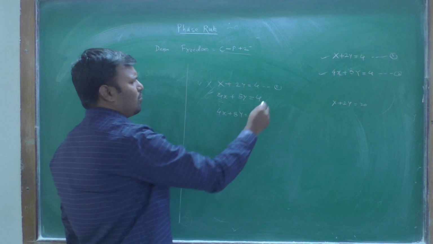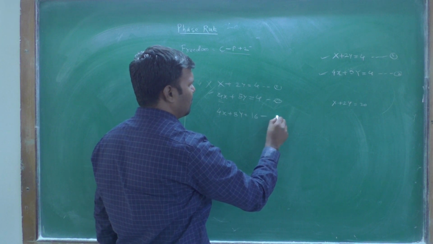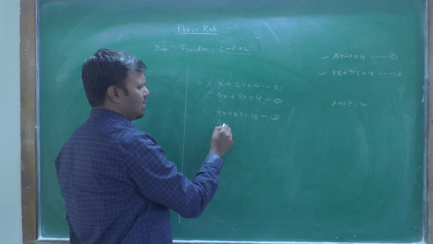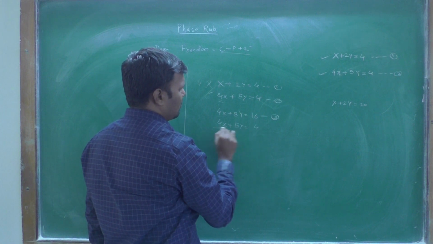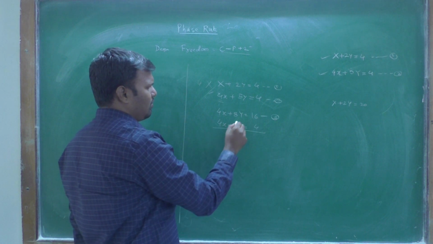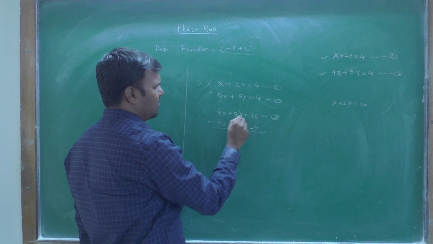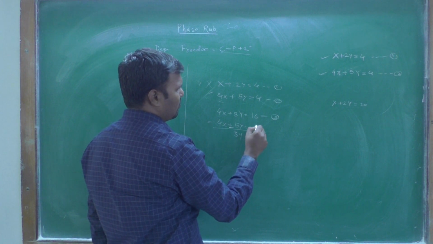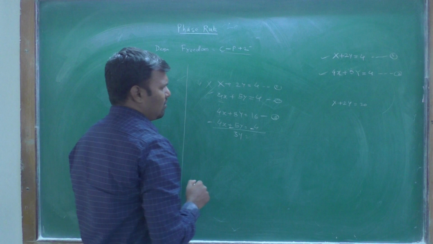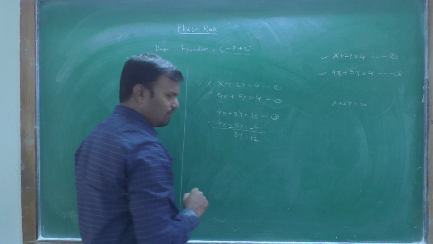Therefore, from equation number 3, you have to subtract equation number 2, that is 4x plus 5y is equal to 4. Then the total equation will be 8y minus 5y is 3y, equal to 16 minus 4, whose value is 12.